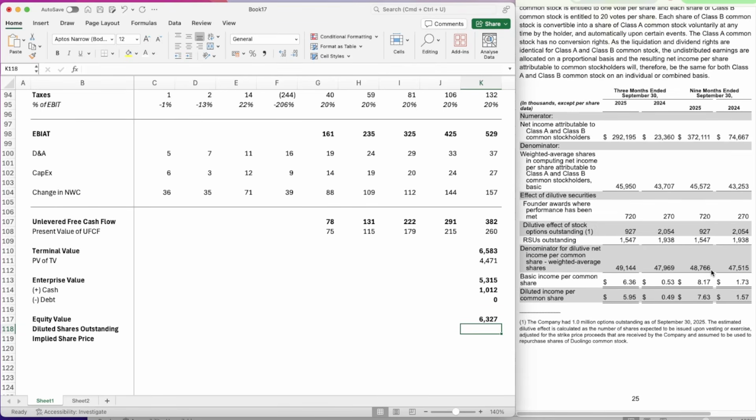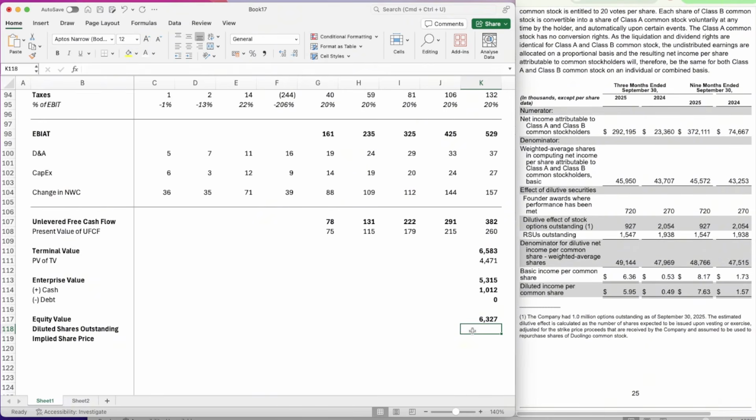Okay, so this is what it would be, 487 in thousands. Okay, so 48.766 is the share count.